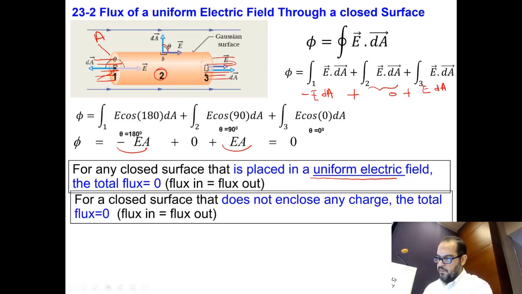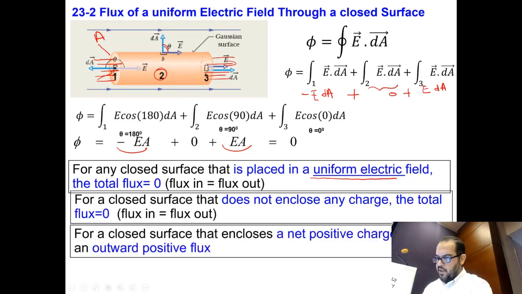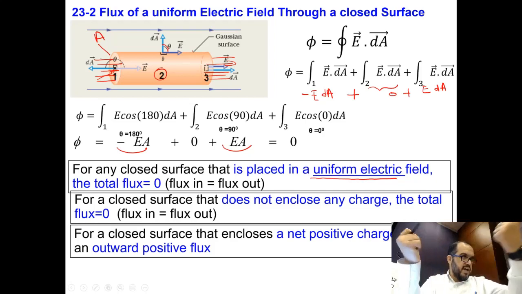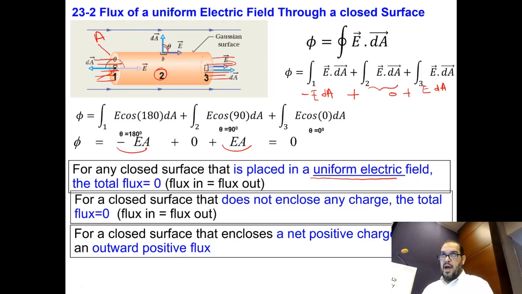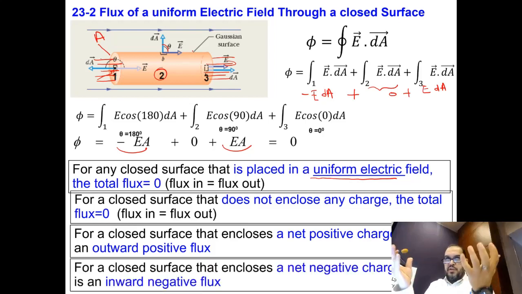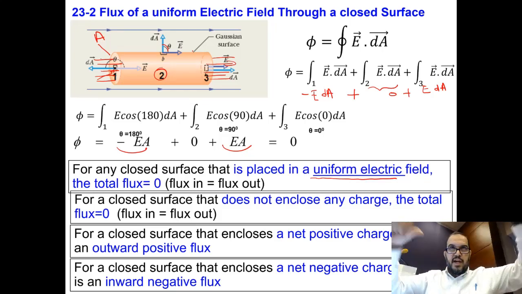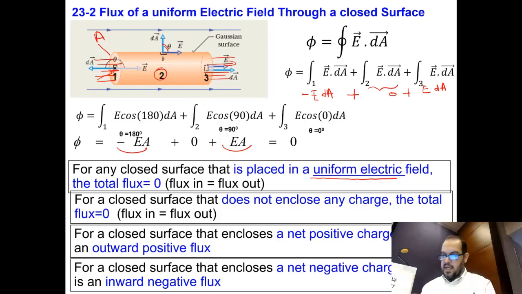For a closed surface that encloses a net positive charge, the flux is going to be outward, positive. And for a closed surface in which the enclosed charge is negative, the flux is going to be inward, negative. These are general rules, and we will verify them.